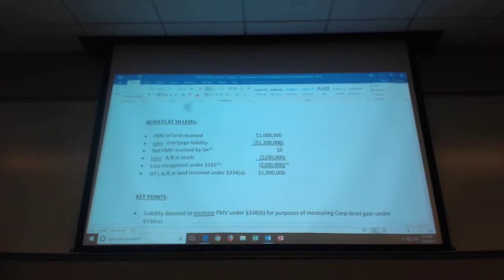So how do we analyze that? Well, this is a little bit tricky. When this fact pattern has a mortgage liability that is non-recourse, that means that the owner of the land, the shareholder, is never going to have to reach into his or her pocket to pay off that debt.